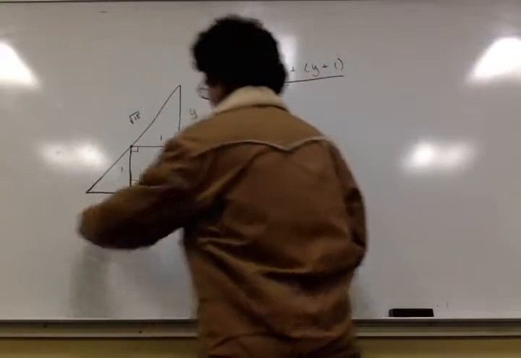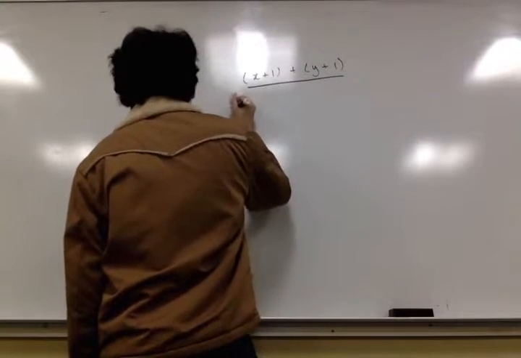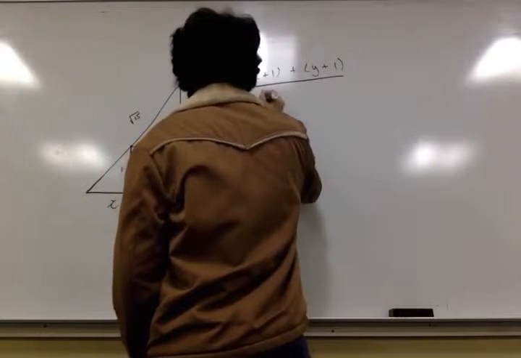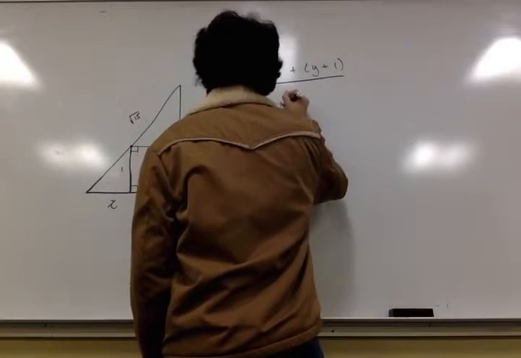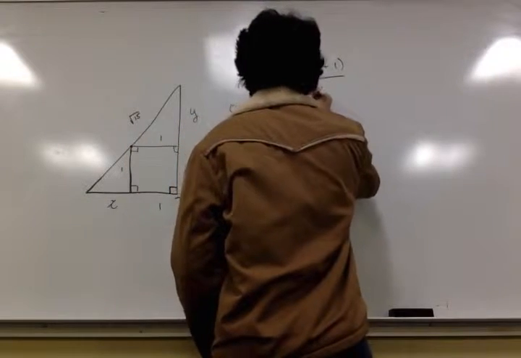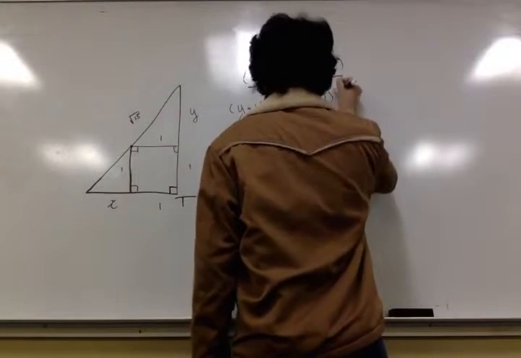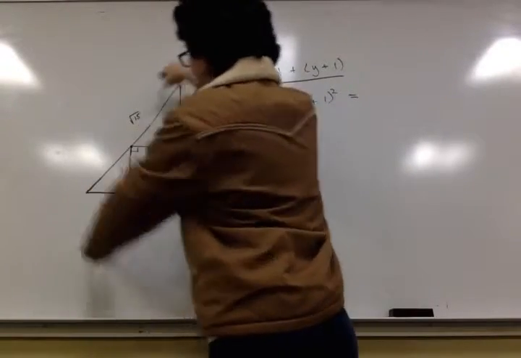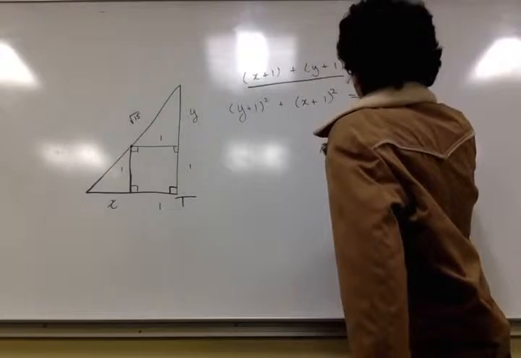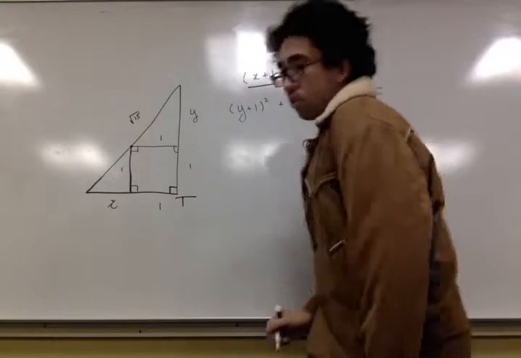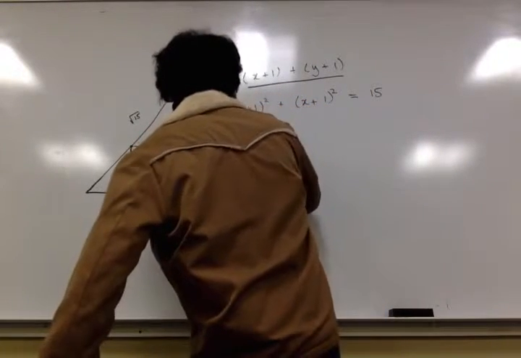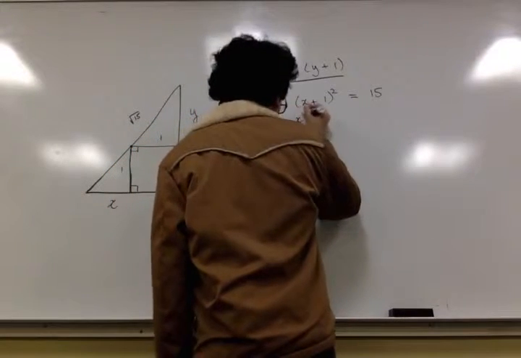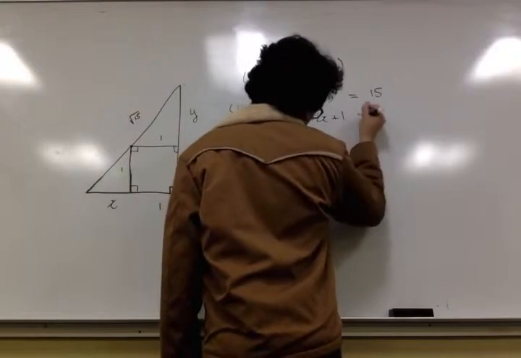I'm going to take the big triangle and say this leg, y plus 1 squared, plus this other leg, x plus 1 squared, is equal to the hypotenuse squared, or root 15 squared, which is 15. After doing some math, y squared plus 2y plus 1 plus x squared plus 2x plus 1 equals 15.